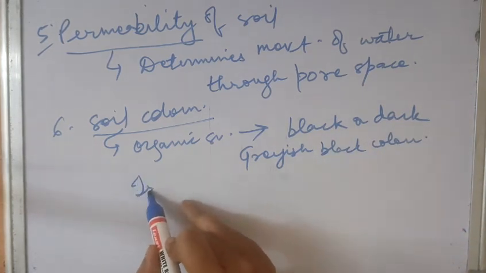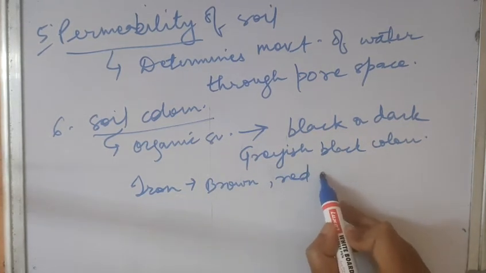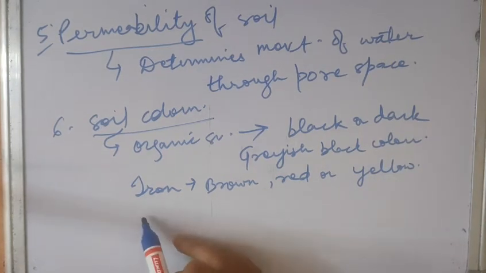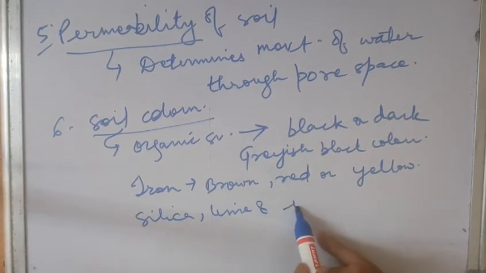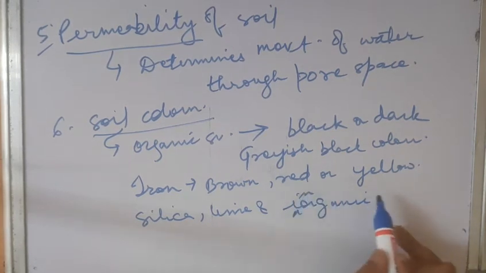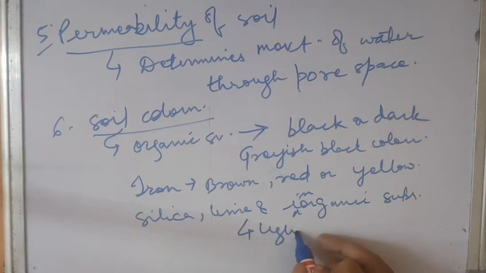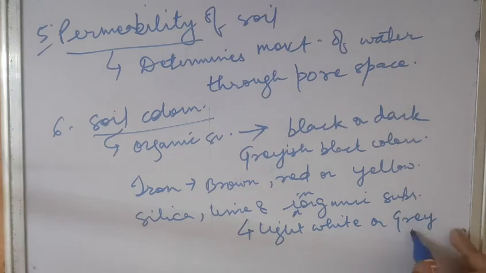Then iron: the color of iron is brown to red, or yellow. Then we have got silica, lime, and other inorganic substances. Inorganic substances give a light white or gray tinge to soil.